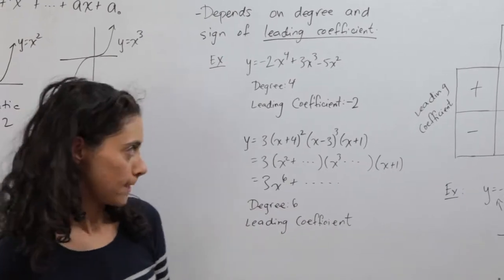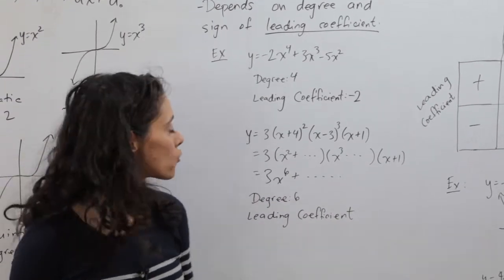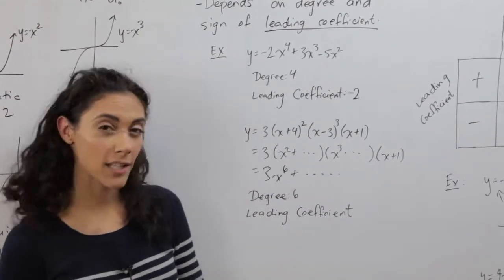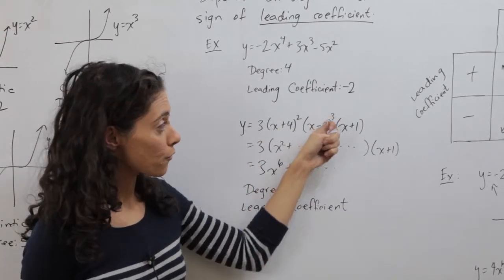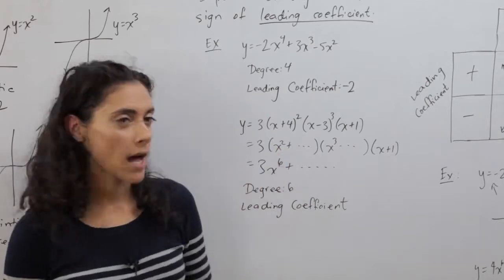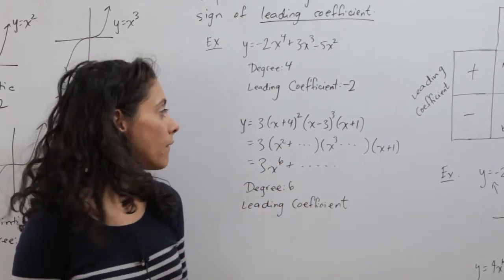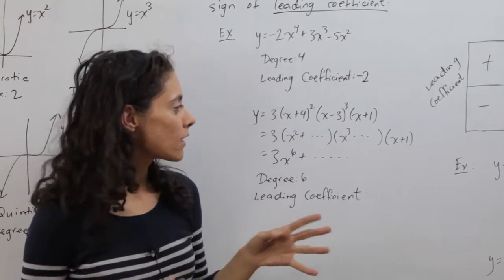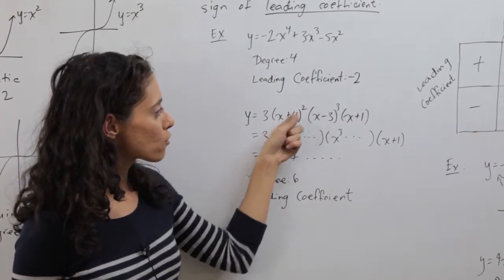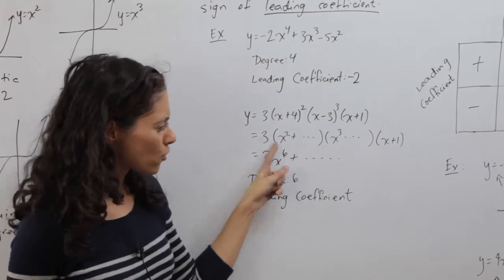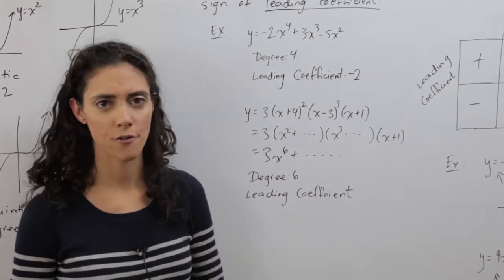This one's a bit more tricky. It's in factored form, so be careful. The leading coefficient will end up being 3, but the degree is not 1 or 2 or 3. We have to imagine what would happen if we distributed this whole thing out. That would take too long to actually do. So lucky for you, you only worry about the very first terms. I know that when I square this, I'm going to get some x squared at the beginning, followed by some other terms.